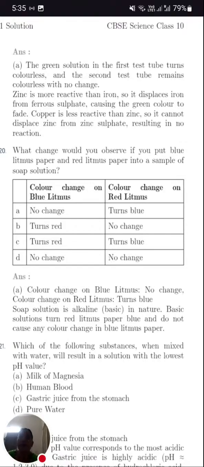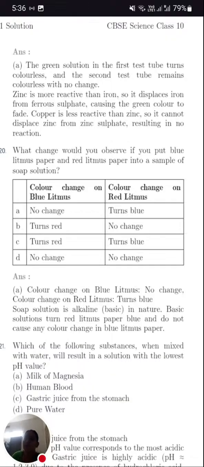Next question: what change would you observe if you put blue litmus paper and red litmus paper into samples of the soap solution? Here, first one, color change on the blue litmus paper, color change on the red litmus paper. So what changes do we see? Soap solution is basic in nature. If you recall, acid turns blue litmus paper to red.